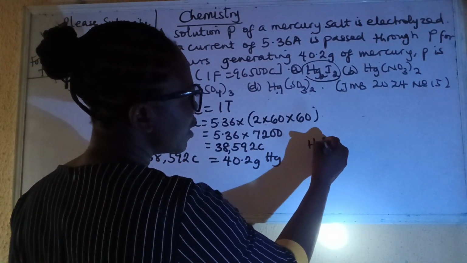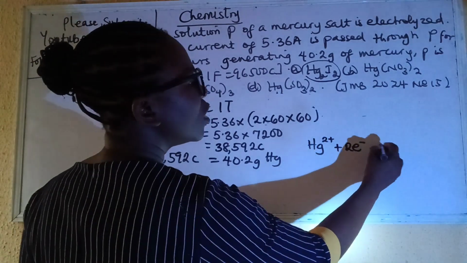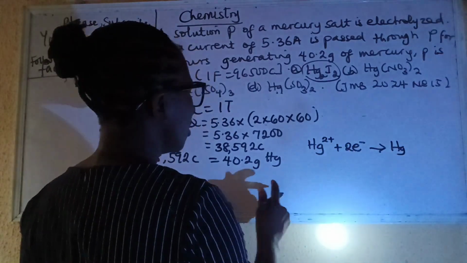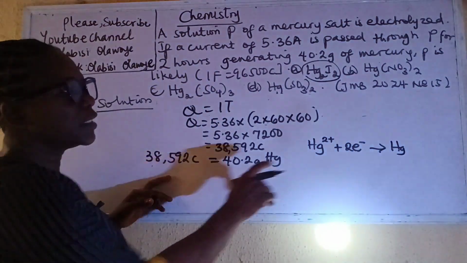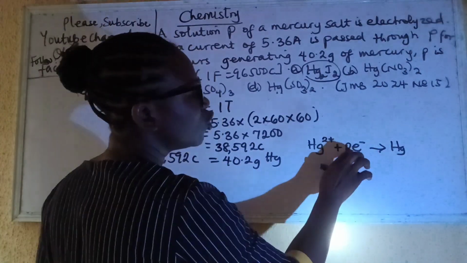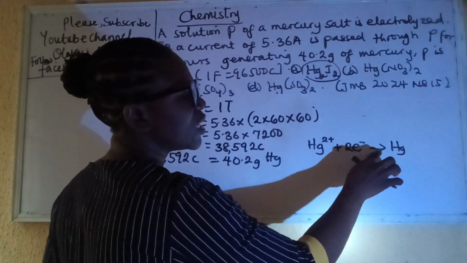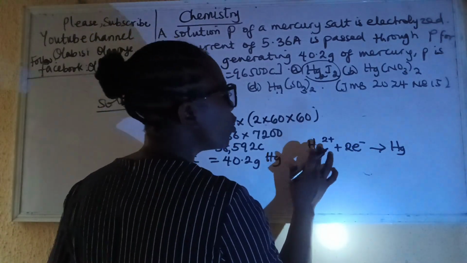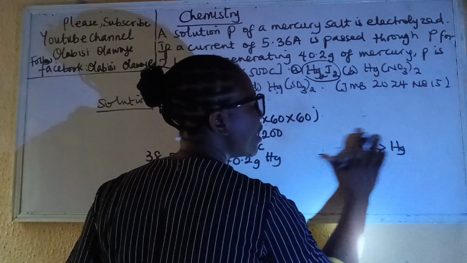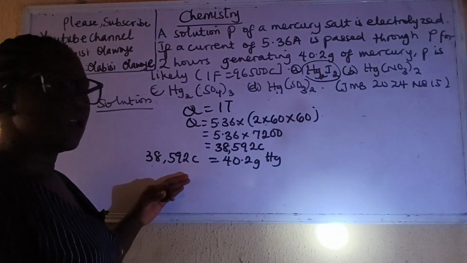For instance, if I give you 2+ here, I will say mercury picks up 2 electrons to liberate 1 mole of mercury. These 2 electrons liberate 1 mole of mercury, meaning 2 Faradays, which is also 2 multiplied by 96,500 coulombs. But we don't know the charges that mercury carries, so we can't determine the Faraday or the quantity of electricity.